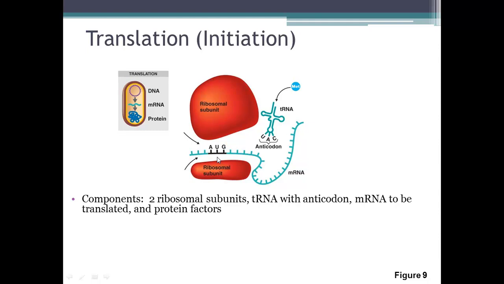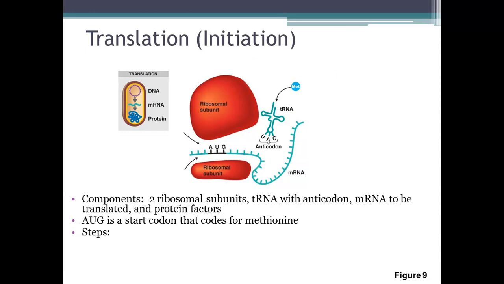That is the complementary anticodon. We have our mRNA to be translated, and of course we have some protein factors. Remember, translation of the mRNA begins at the start codon AUG. And AUG is a codon that codes for methionine.